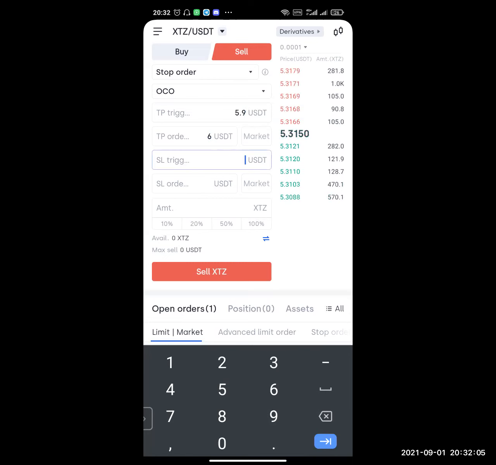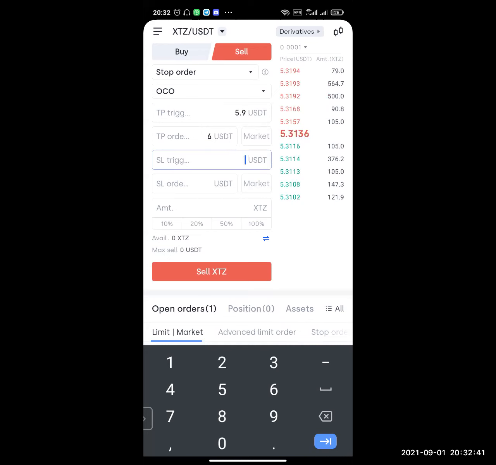Since you bought at $3, at $2 it would help you preserve 50% of your capital. What you should do is maybe around 2. Let's just say 2.8 or 2.7 might be your stop loss price, because it will preserve 70% of your capital and you only lose 30% of your capital.